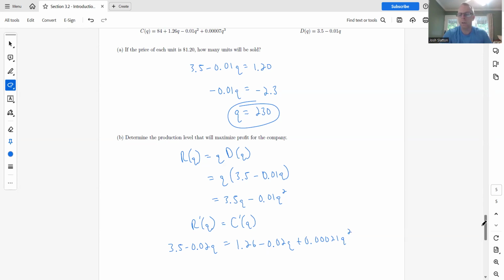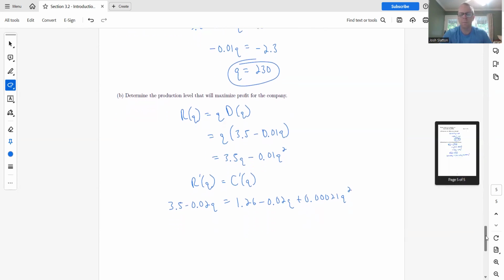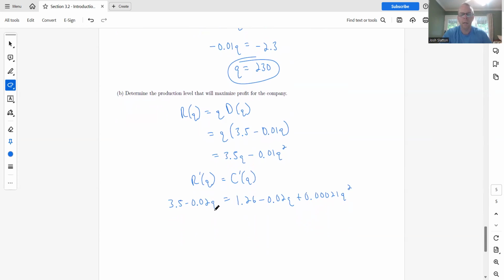So now let's solve this for Q. The Q terms cancel out, subtract the 1.26 from 3.5, we get 2.24 equals 0.00021 Q squared. And then we'll divide, we'll do this all at once so we don't clutter up things too much. And we should get Q equals 103.28. And again, we'll round to 103.